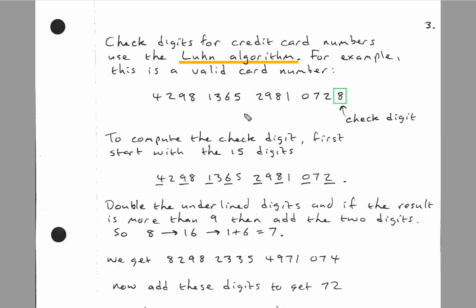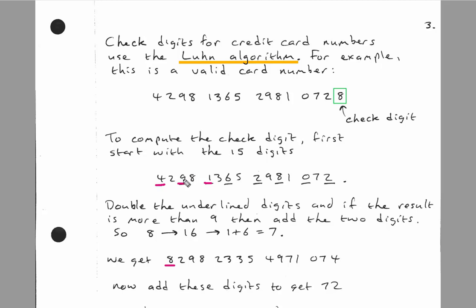Okay, so let's just look at the first 15 digits. Just ignore that 8, we're going to calculate that 8. Let's underline every other digit, and these digits get doubled. Multiply these underlined digits by 2. So this 4 turns into an 8. The 2 stays the same.